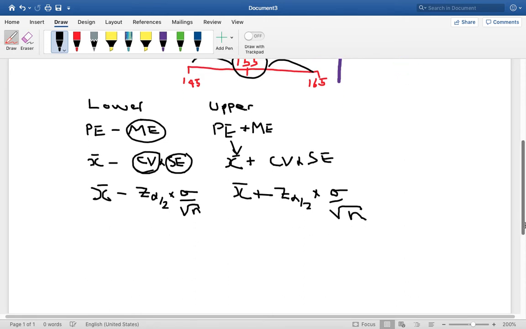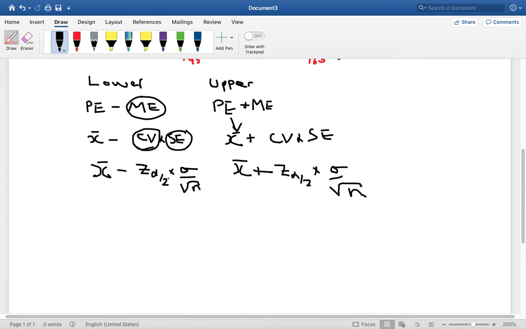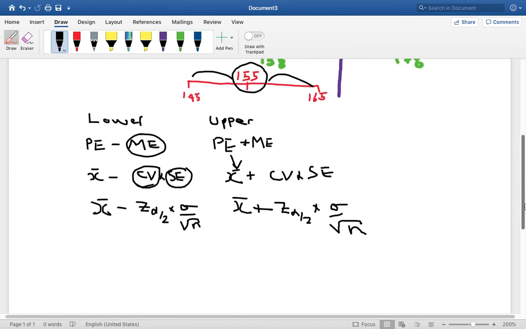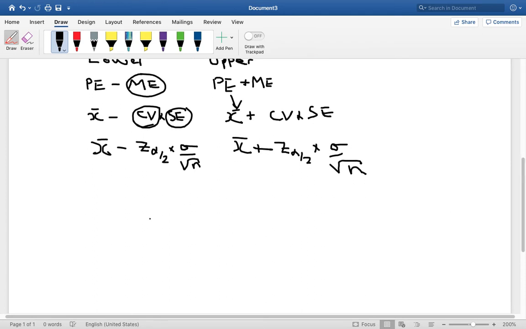But before we get to that, what is this z of alpha over 2? Well, let's do a little bit of housekeeping. Let me redraw this a little bit further down. We're trying to generate a 95% confidence interval, as we did above.